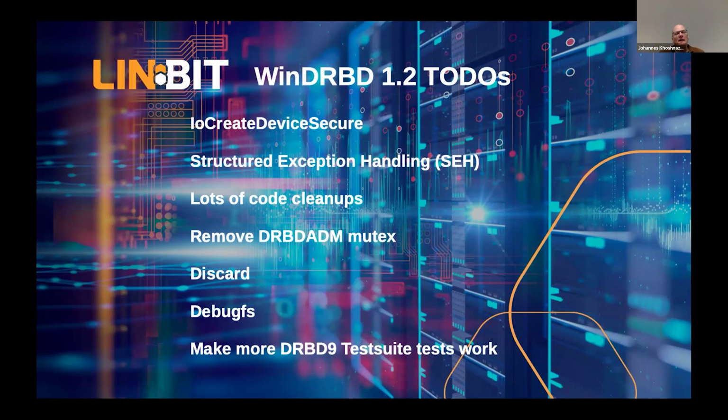The other one is structured exception handling. I talked to Philippe today, and he was like, oh, God. It means that it's still C code, but you have a try catch except block in the C code.